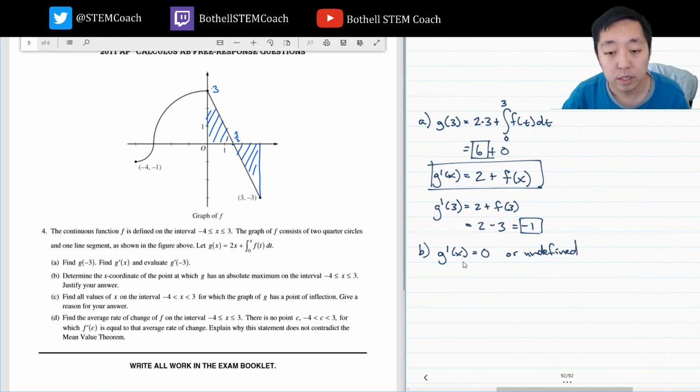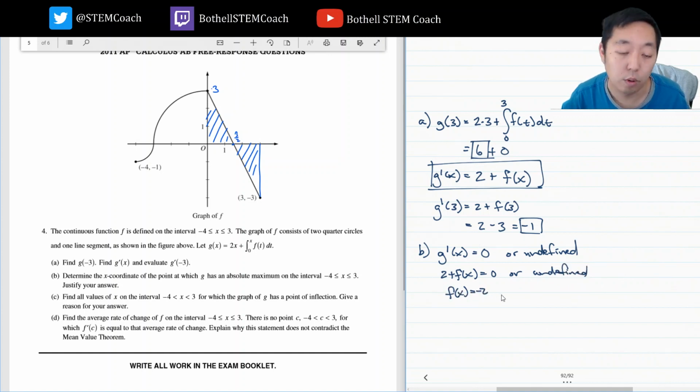Now we found g prime of x is simply 2 plus f of x, right? That's what we found here. So to find these cases, I want to find where 2 plus f of x equals 0 or is undefined. Or I want f of x to equal -2 or be undefined.